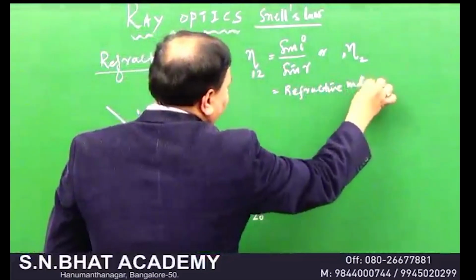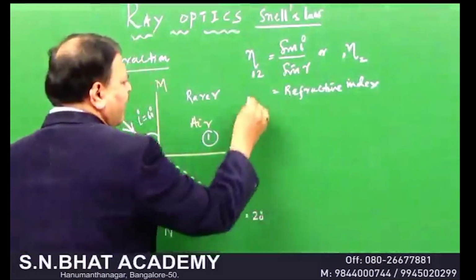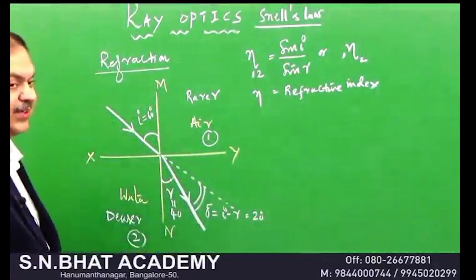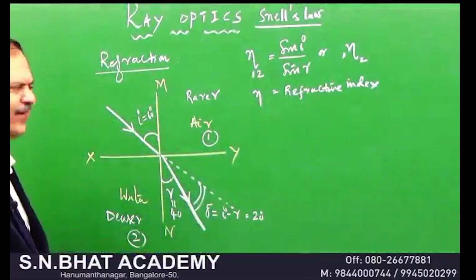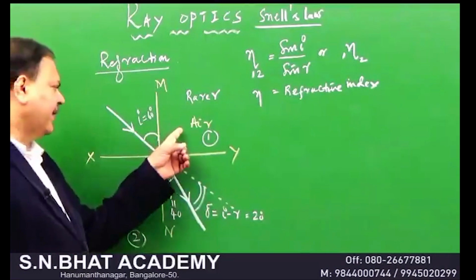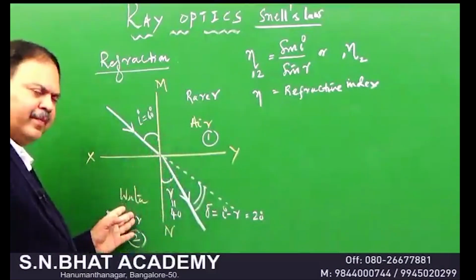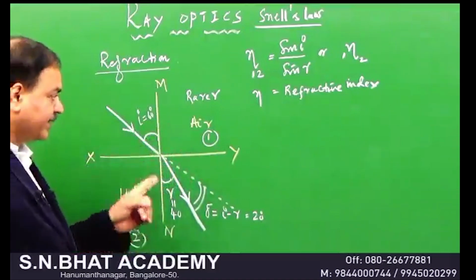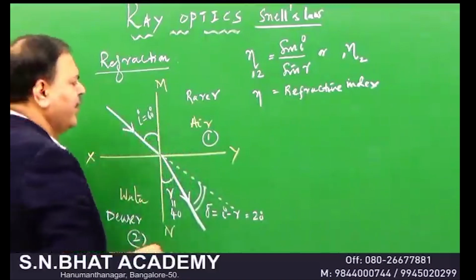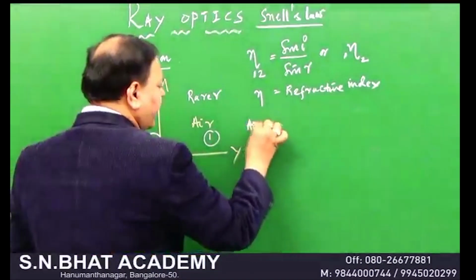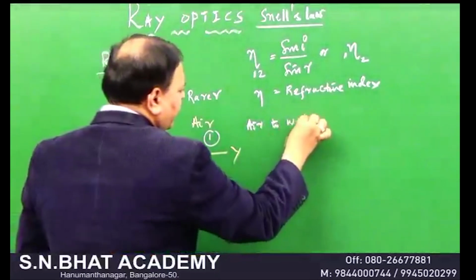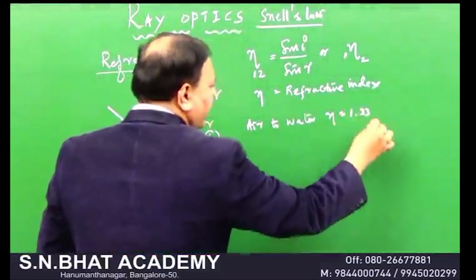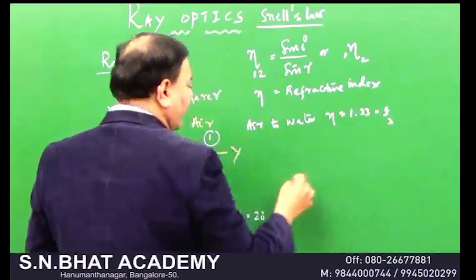So we define the refractive index as the ratio of the sine of the angle of incidence to the sine of the angle of refraction. The meaning of the refractive index is, when light is passing from a rarer to a denser medium or otherwise, to what extent the ray of light is bent. When light passes from air to water, the refractive index is 1.33, which we call 4 by 3.